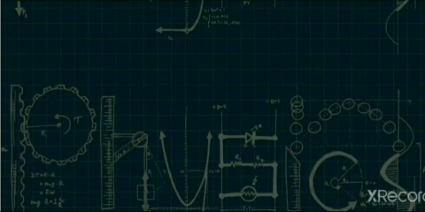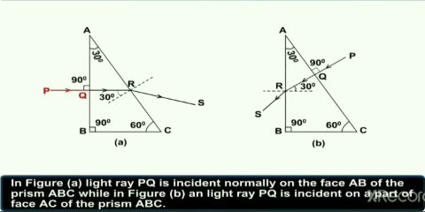Non-occurrence of total internal reflection through a 30 degree, 90 degree, 60 degree prism. In figure A, a light ray PQ is incident normally on the face AB of the prism ABC, while in figure B, a light ray PQ is incident on a part of face AC of the prism ABC.